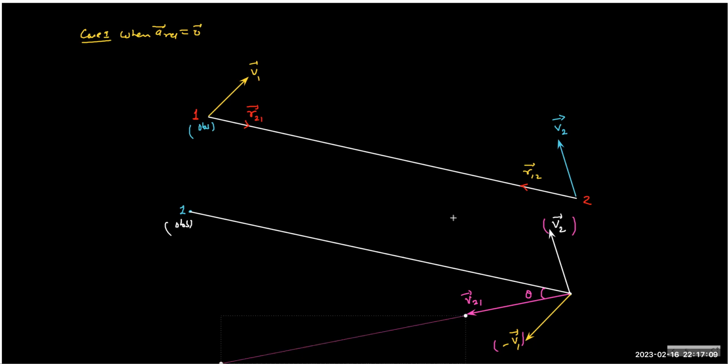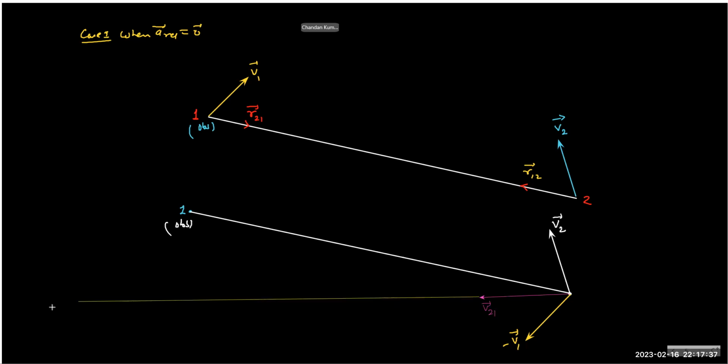Let me shrink this a bit. I don't have space actually. So let's say this is V21. And then you extend this line. So what is happening?